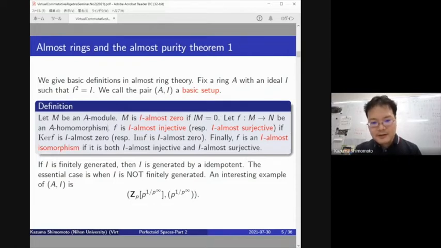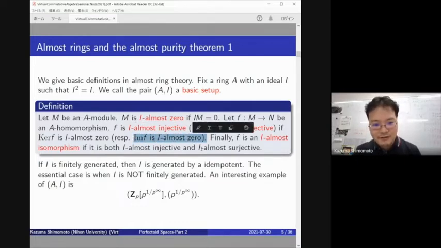Next, let f from M to N be a homomorphism. Then f is I-almost injective, respectively I-almost surjective, if the kernel of f is I-almost 0, respectively the image of f is, sorry, this is not correct. This should be the cokernel that is I-almost 0.